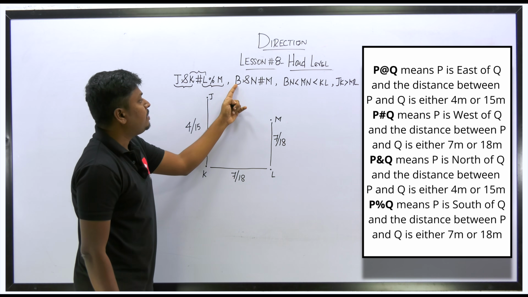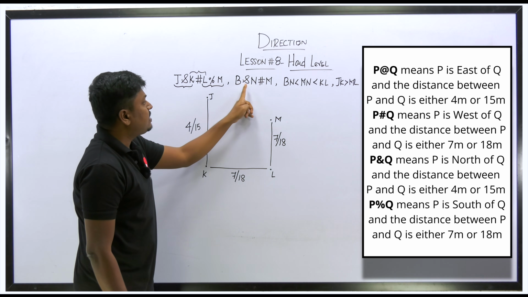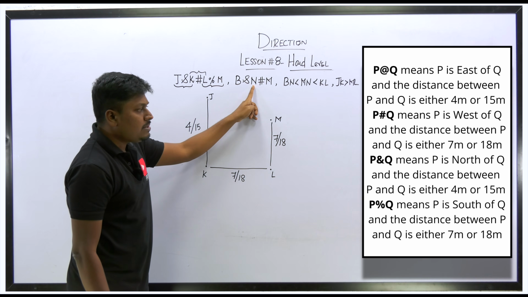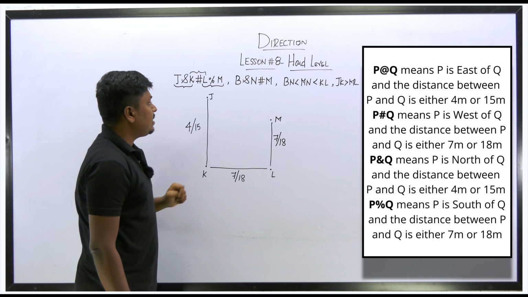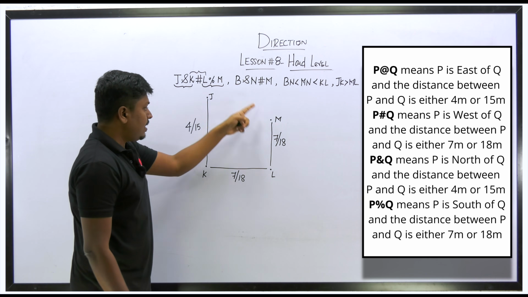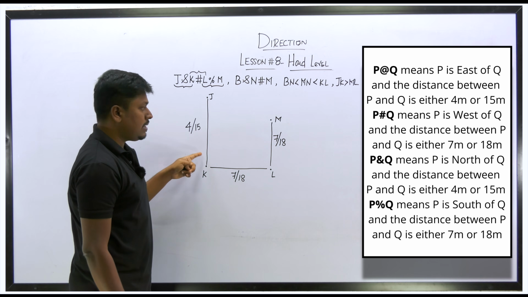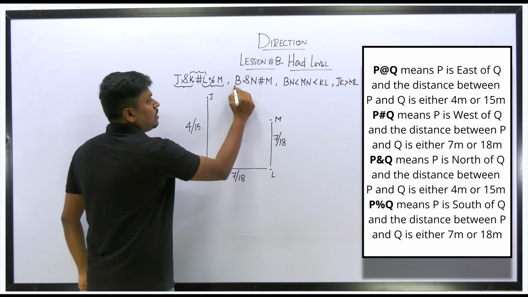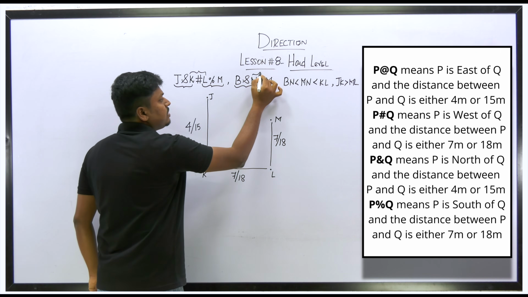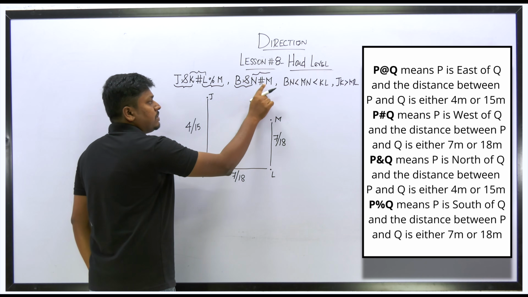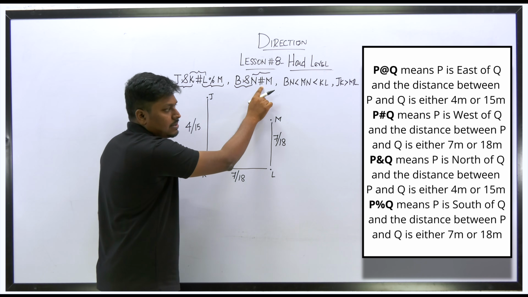Second statement, B and N. If it is B and N, 'and' means north. So B north is N, N north is B. We didn't fix N here, right? First two letters is missing. Okay, let me take the next two. N asterisk M. If it is an asterisk, what they mean is west.